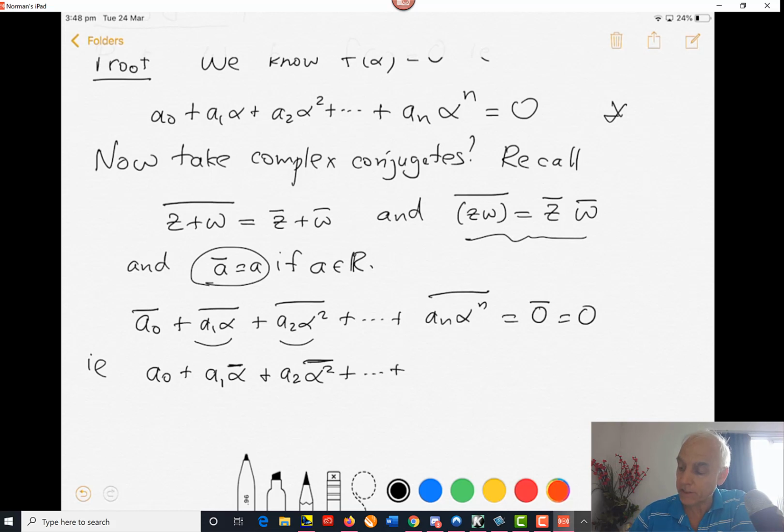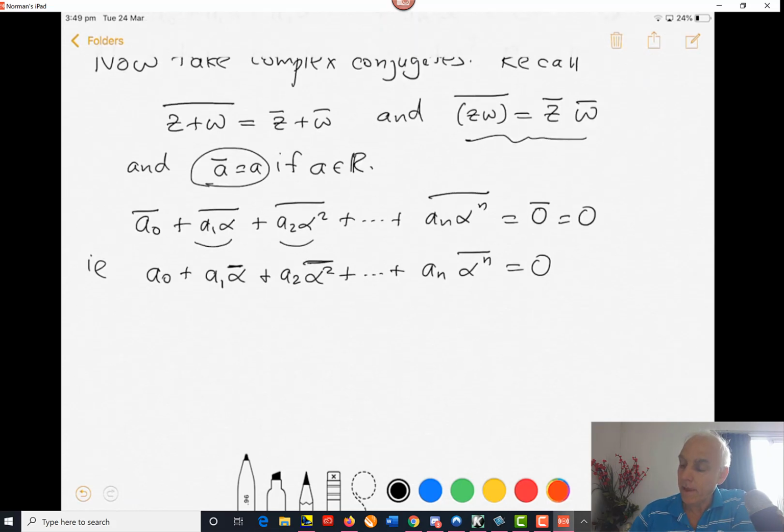All the way up to an times the complex conjugate of alpha to the n equals 0. But one more fact, an extension of this one: if we take a to the k and take the complex conjugate of that, that's the same as a complex conjugate to the k.